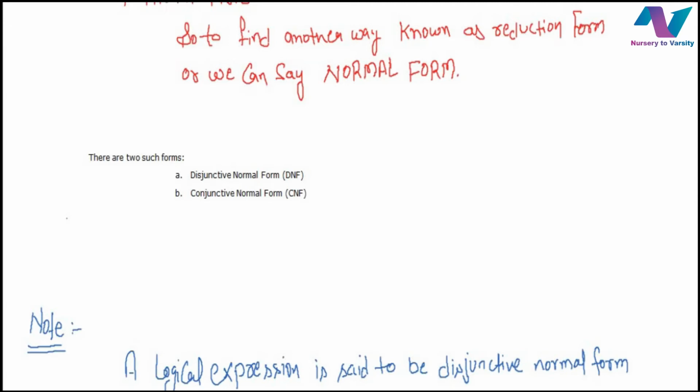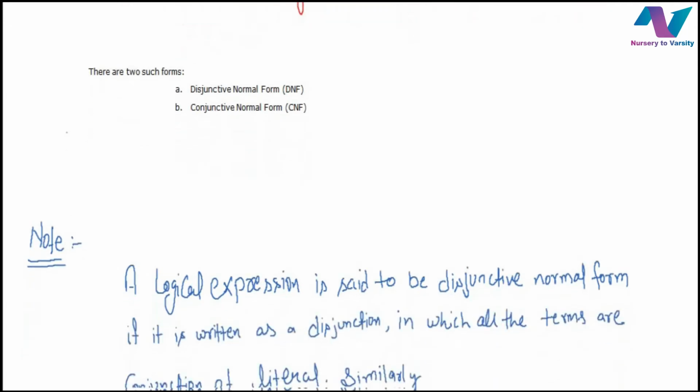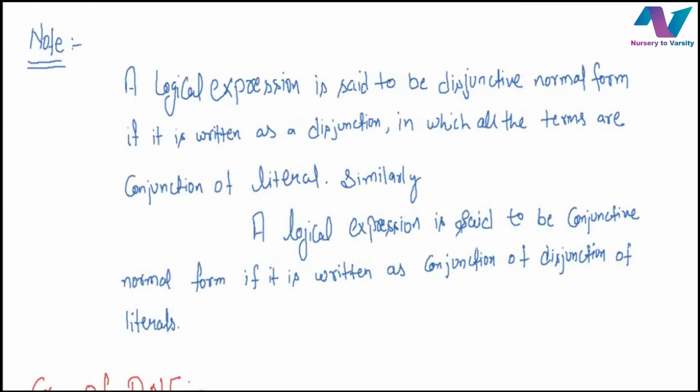In conjunctive normal form, if we find OR operation inside the bracket and AND operation outside the bracket, then we say this is conjunctive normal form.